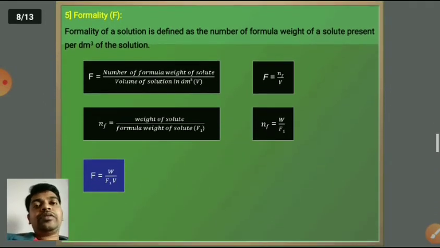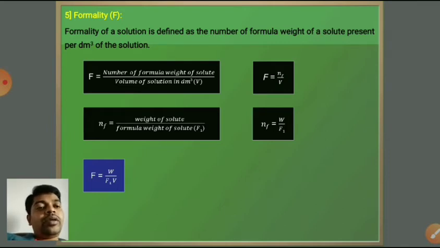The next expression for the concentration is formality, which is given by the symbol F. This formality of solution is defined as the number of formula weight of a solute present per dm cube of a solution, or per liter of a solution. So again it is calculated per liter. In this case, the number of formula weight of solute is considered for the concentration.